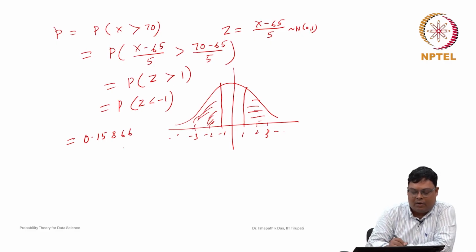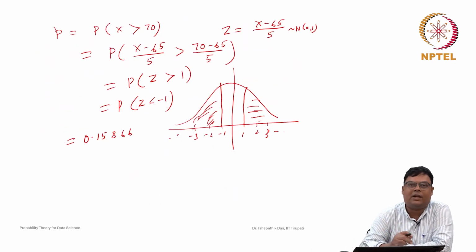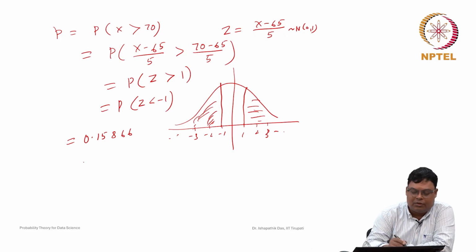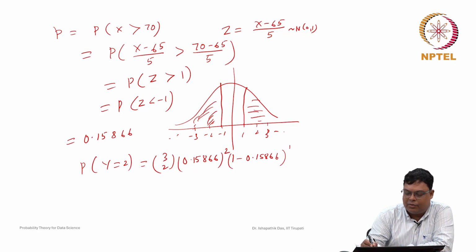Now we have to find the probability that y is equal to 2, that is, exactly 2 students have got marks greater than 70 out of 3 students. This is 3C2 times 0.15866 whole squared, times 1 minus 0.15866 to the power of 3 minus 2, which is 1.